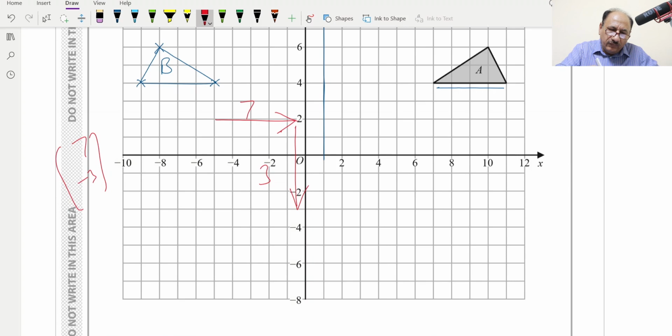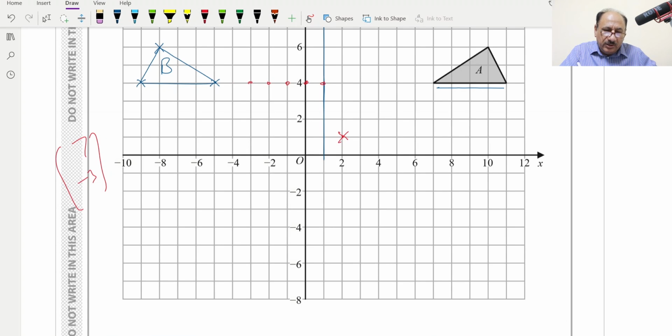So we will be moving the first point 7 units right, 1 2 3 4 5 6 7 units, and then 3 units down, 1 2 3 units. So this will be basically the new location which we have identified for this one.